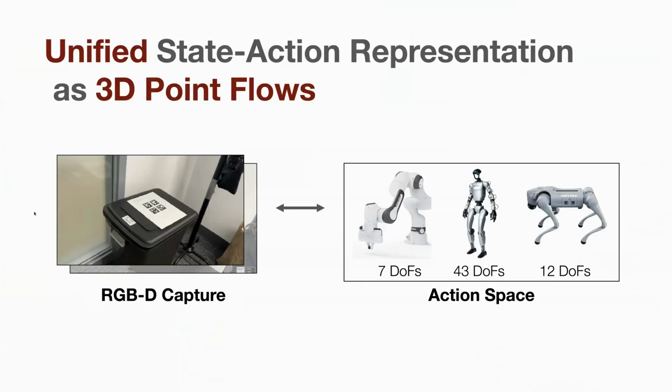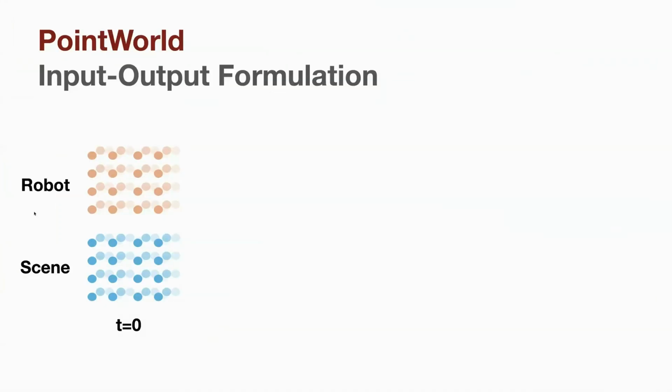And to really work towards the goal of a unified modality for this pre-training, for this world modeling, we also want to use similar things for state. So state here is a static point cloud from the scene, built from the RGBD capture, and the input is the static point cloud and the robot.